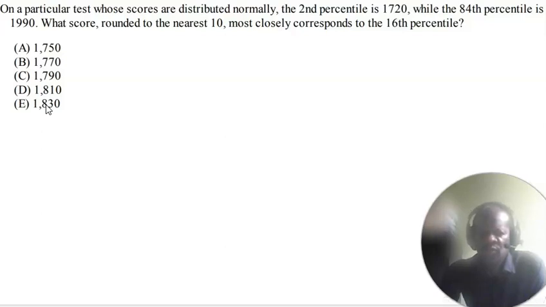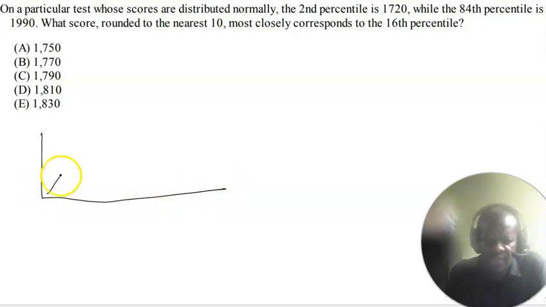On a particular test whose scores are distributed normally. Now this first line requires us to understand what a normal distribution curve is. A normal distribution curve is symmetrical about the mean. So if you plot the percentage frequency against the data, you get something that looks like a bell, where you have equal distances across from the mean.